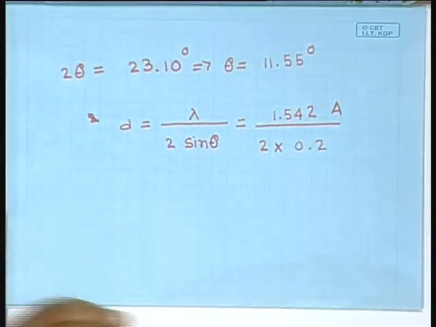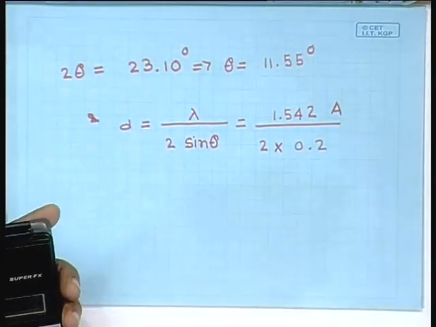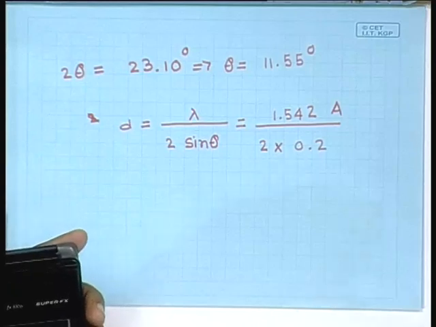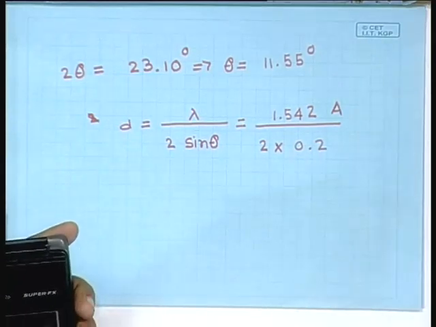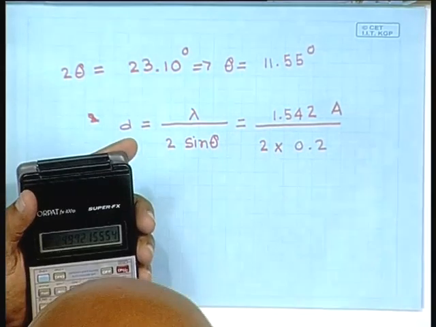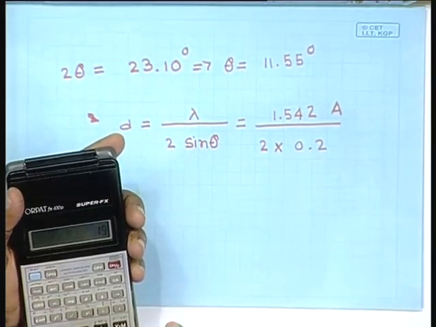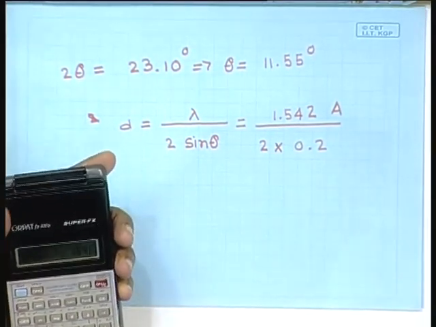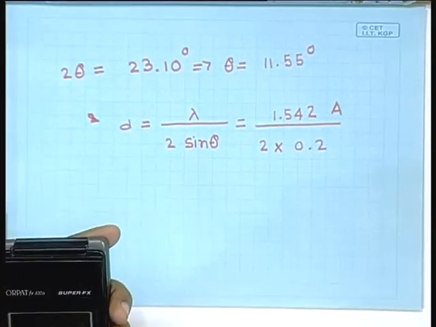So, let me now do the calculation. 2 times 0.2 equal to, inverse of that, into 1.542, and it gives me 3.85.